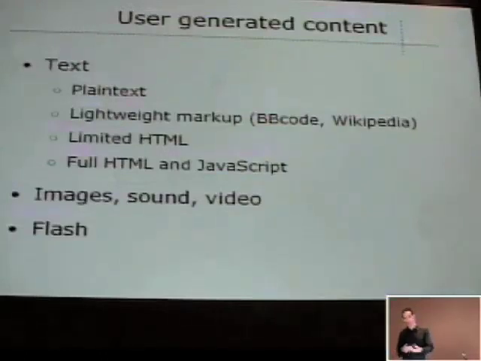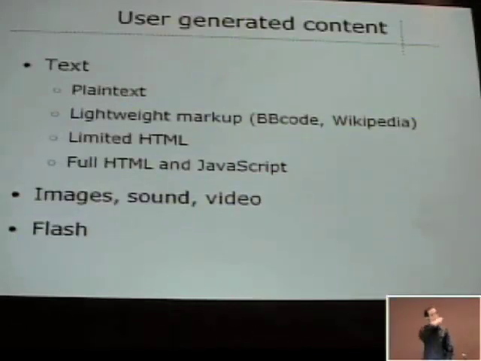Wikipedia also has some kind of markup language. Some services are trying to use HTML for this because their users might be more familiar with it. So a lot of blogs allow you to use some HTML tags when you do a blog comment. And finally, you have some services that are attempting to give their users almost the full power of HTML, even JavaScript.